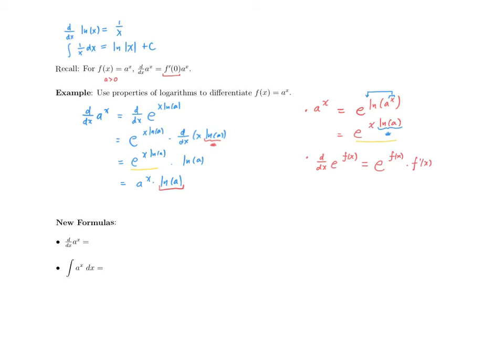The derivative of a to the x is natural log of a times a to the x. Similarly, we can also use this to anti-differentiate a to the x. By inspection, I'm going to say it's 1 over natural log of a times a to the x plus c.